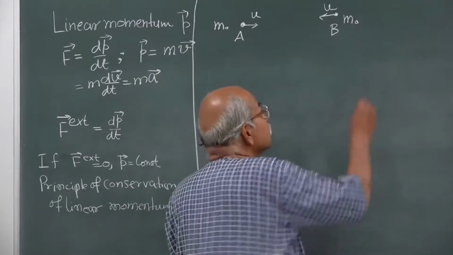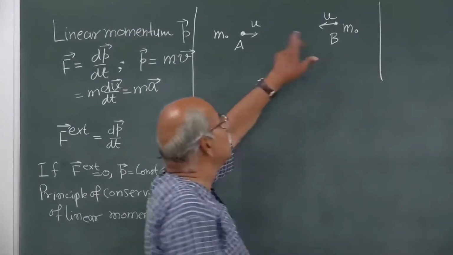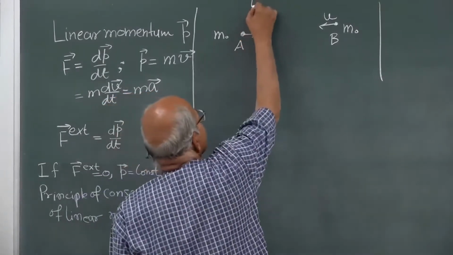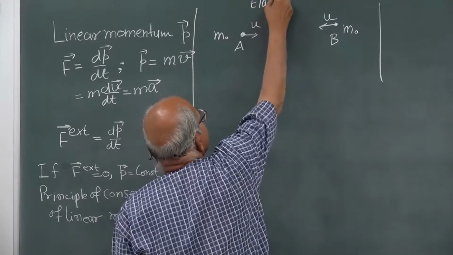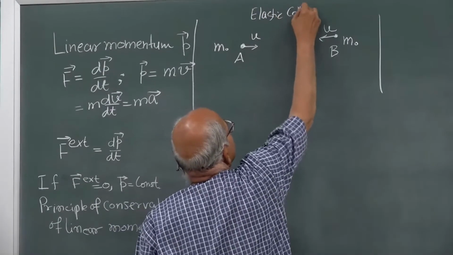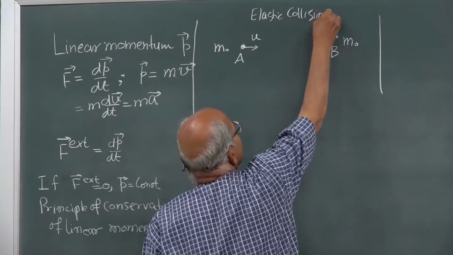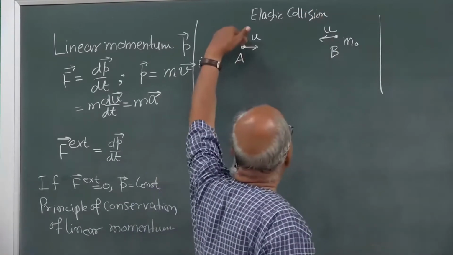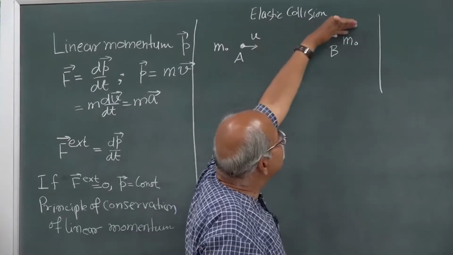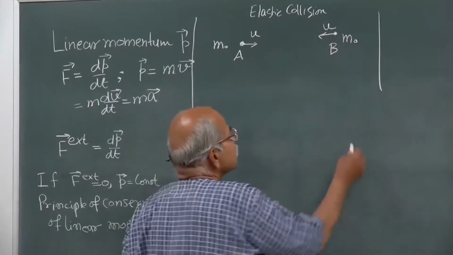Okay. They make collision, and our collision will be elastic. So, let us take this elastic collision, and after collision this particle deflects a little bit and this particle also deflects a little bit.